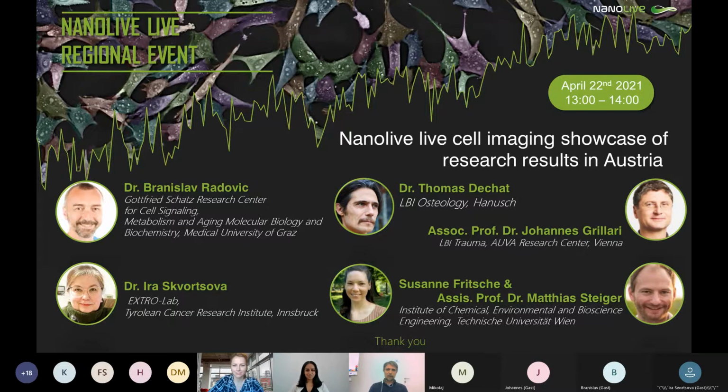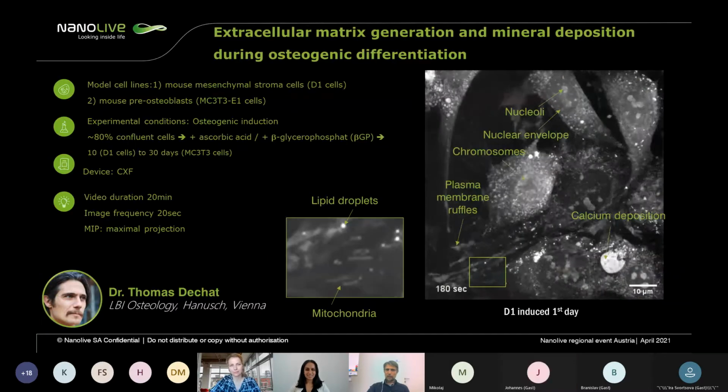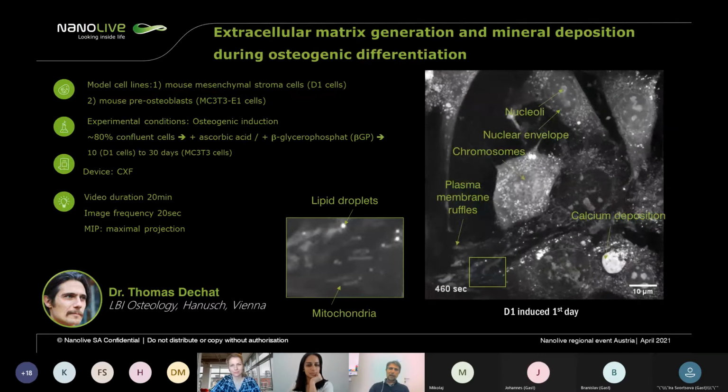Luckily we can collaborate with Dr. Riari from the Ludwig Boltzmann Institute of Trauma, who are getting this microscope, and hopefully we can make nice collaborations. I'm now going to show you the images and videos we acquired during this demo version, which was already quite impressive, I think.